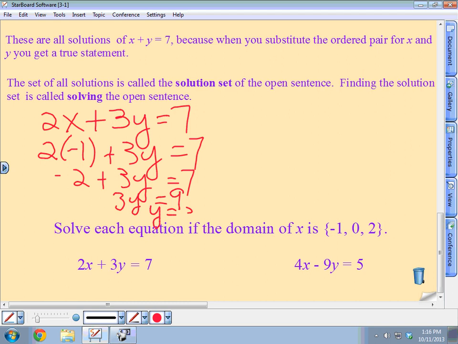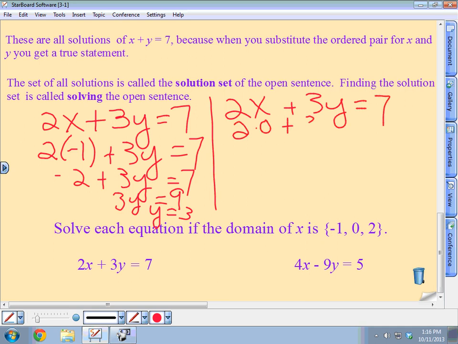Y equals 3. Okay. And then over here, if I have 0, I would do the same thing. So what is my solution if it's 0? 2x plus 3y equals 7. So if I have 0 for x, what is y? Seven-thirds. Good job.